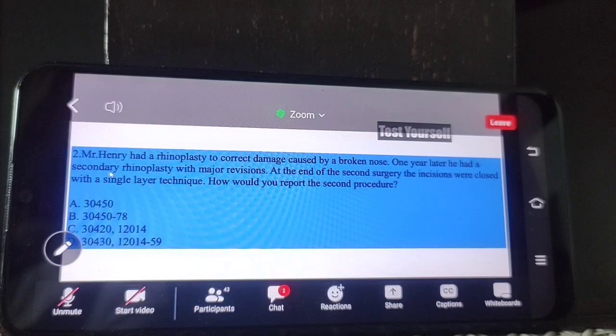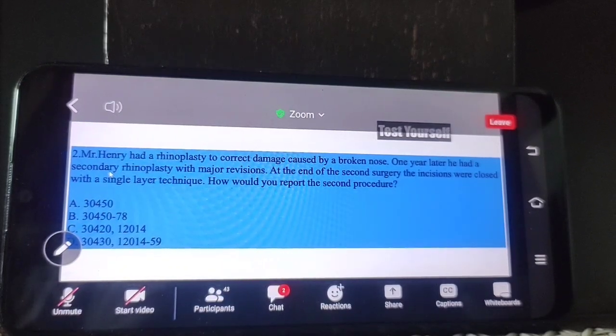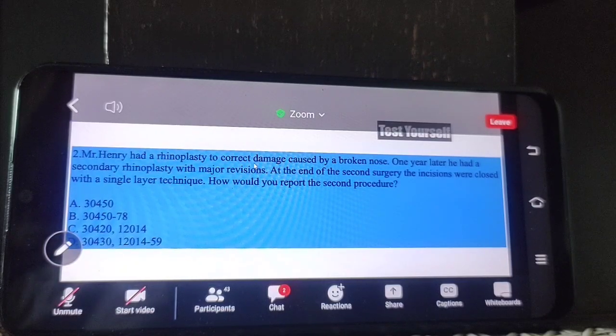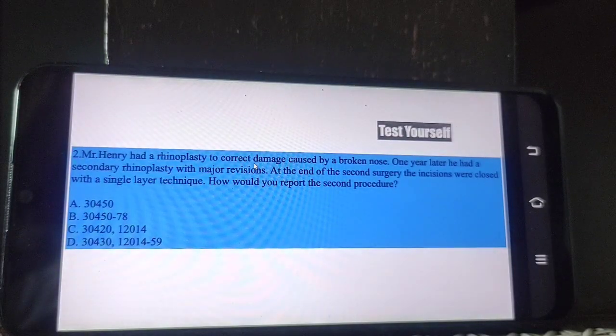Any doubt? There is no documentation to support that it is unplanned. A secondary surgical procedure, such as secondary rhinoplasty, indicates follow-up surgery.